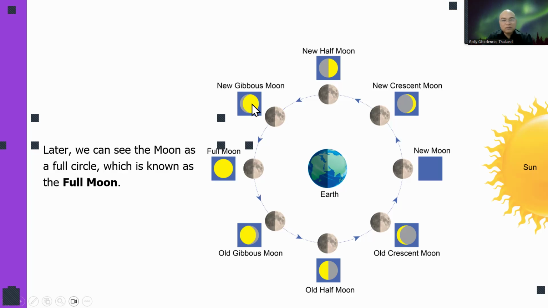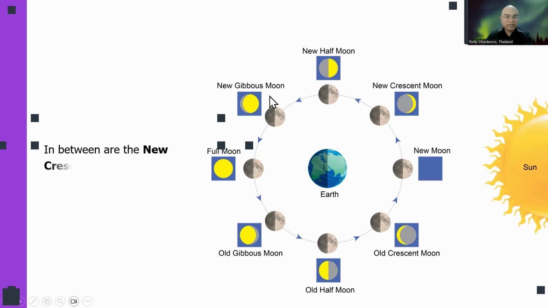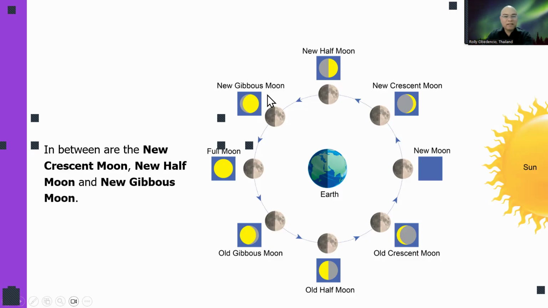It's almost full moon. It's called new gibbous moon. So in between new moon and full moon are the new crescent moon, new half moon, and the new gibbous moon.